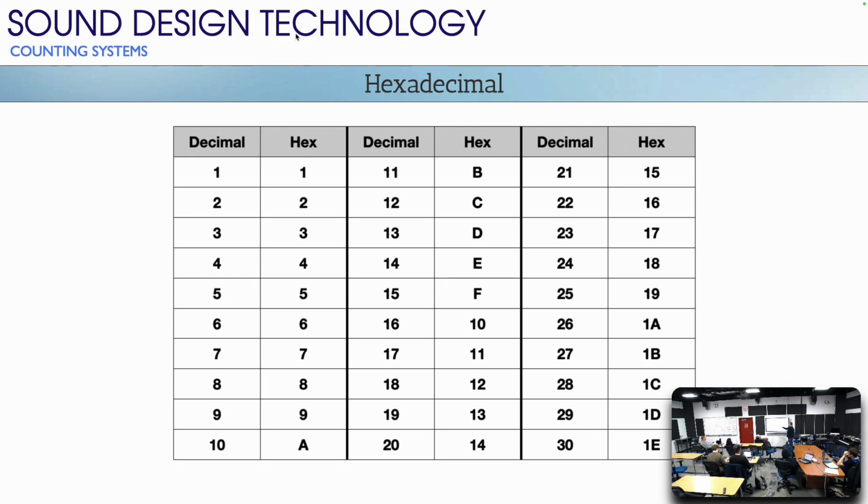That's the numerals 2 and 6, and in hexadecimal it's 1A. Well, you know that A represents 10 in hexadecimal, so it's one set of 16s and 10 ones, which is 26.